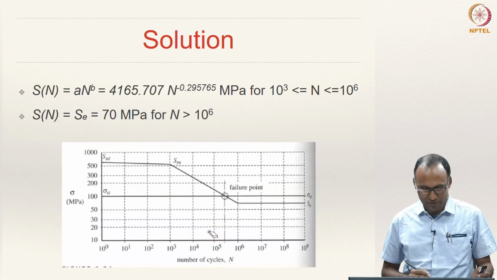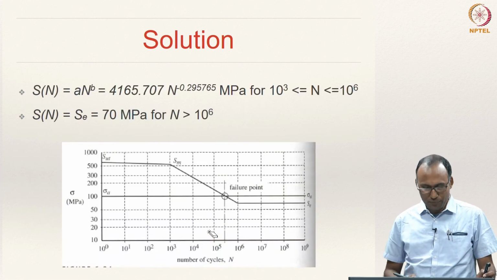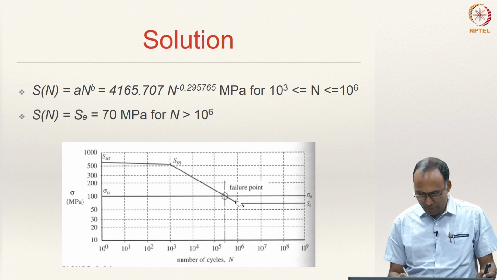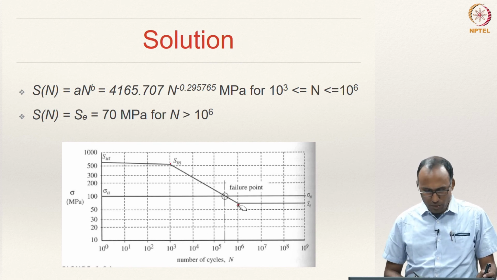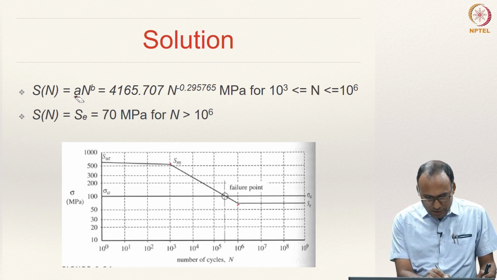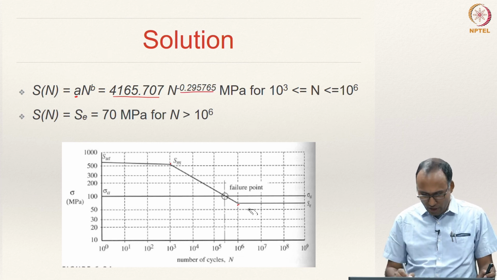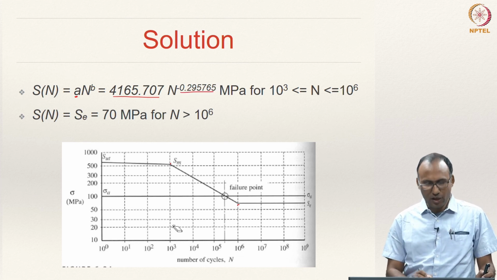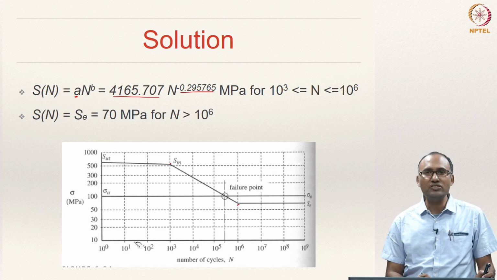Now, you see what happens. This is the figure, when you have drawn this is your SM and this is SUT, and now if you take this data, and A comes out to be this, B comes out to be that, then you can actually draw this line, and we are talking about 70 MPa. What are the two conditions that we are asking?